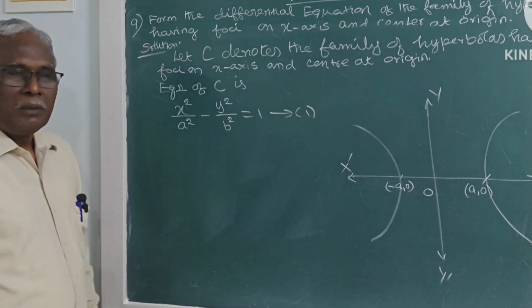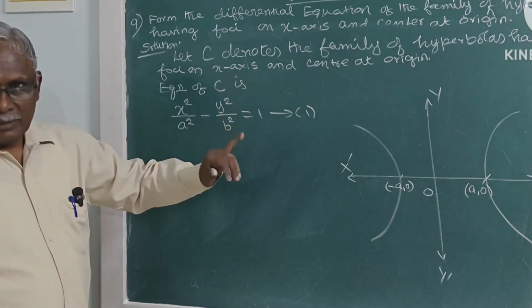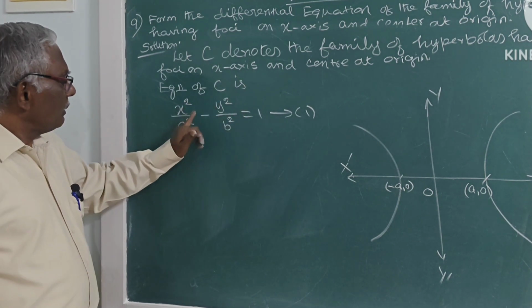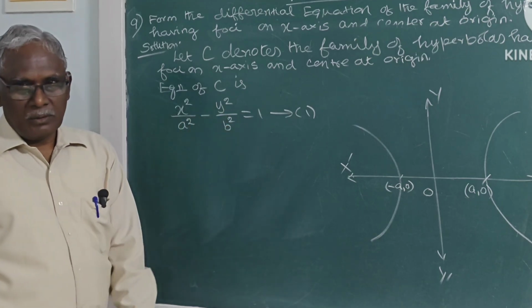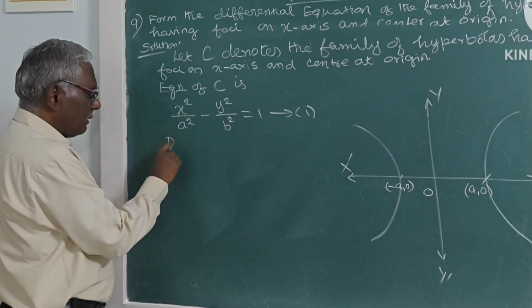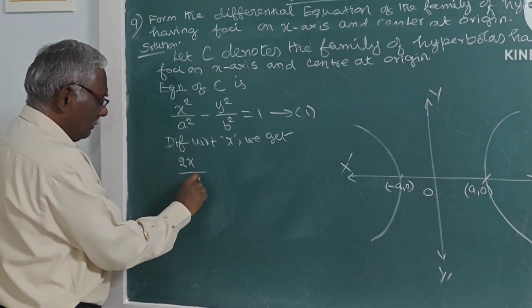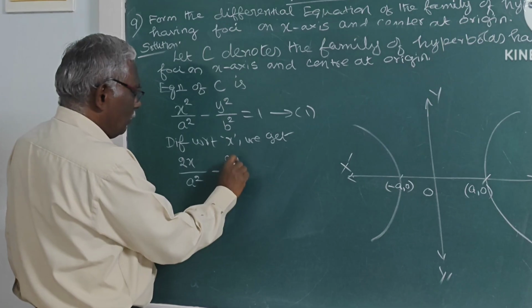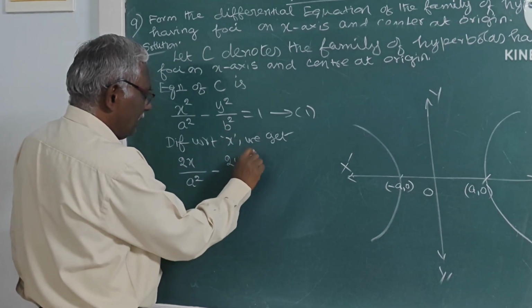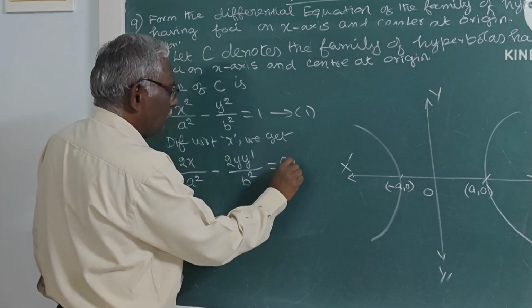In the last problem, the equation of family of ellipses was x square by a square plus y square by b square is equal to 1. So differentiate this with respect to x: 2x by a square minus 2y y dash by b square is equal to 0.